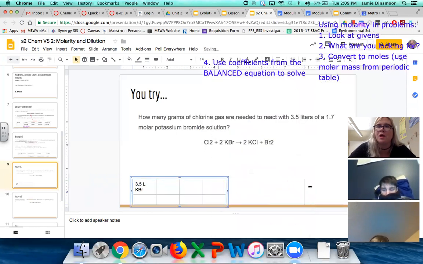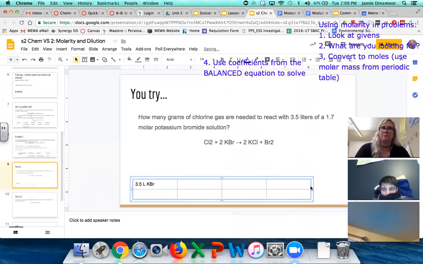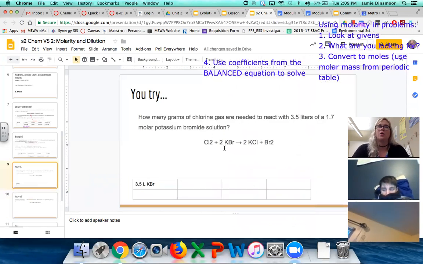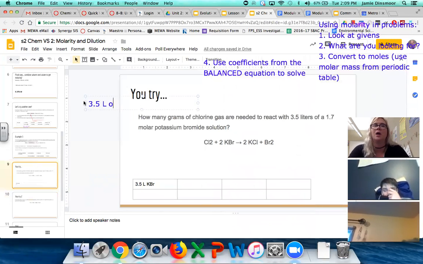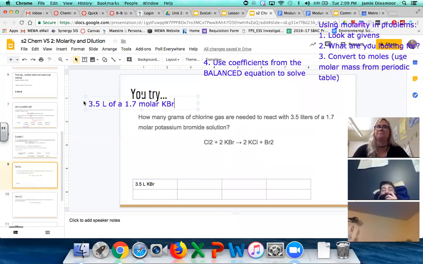Okay. So let's look at what we're given. We're given 3.5 liters of a 1.7 molar potassium bromide solution. We're also given an equation. We want to know the amount of grams of chlorine as a gas.